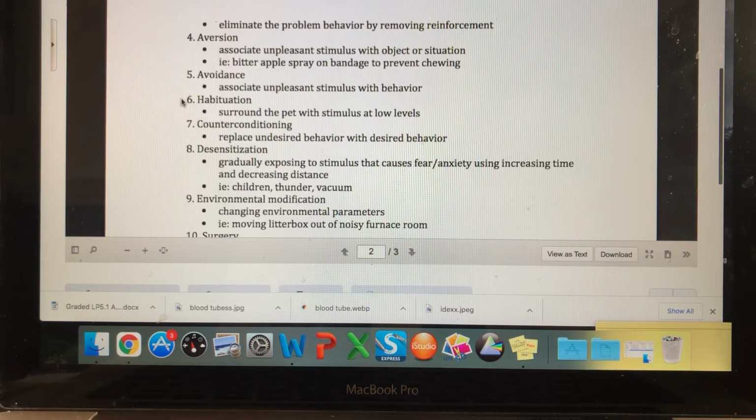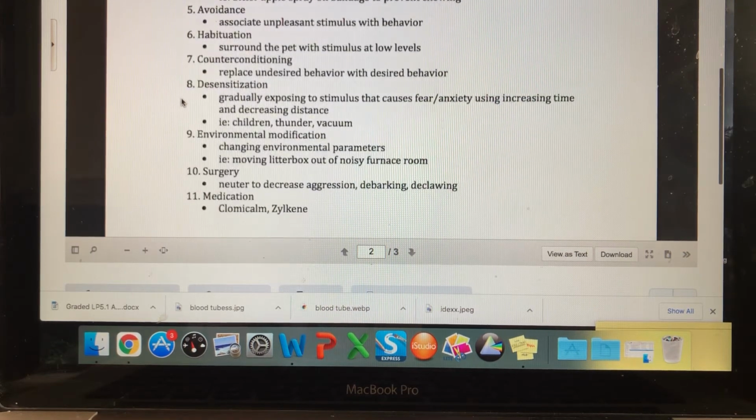Our next method of behavior training, we can use desensitization. Desensitization is gradually exposing an animal to a stimulus that causes fear or anxiety, and then slowly increasing the amount of time that they're dealing with it and decreasing the distance. So let's say you have an animal that's really afraid of the vacuum.